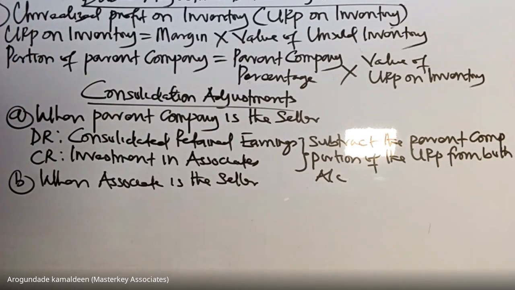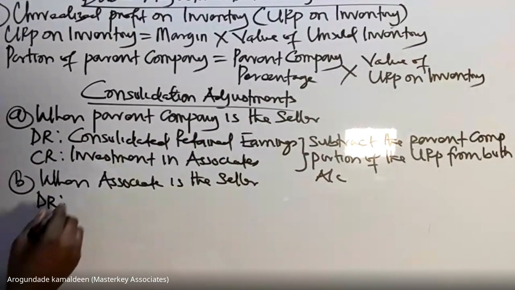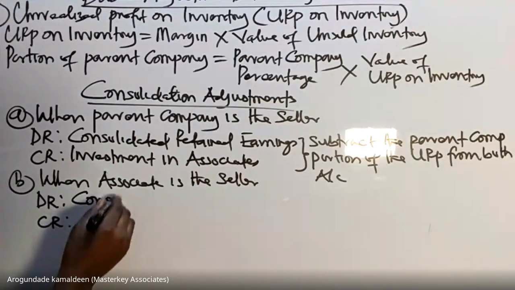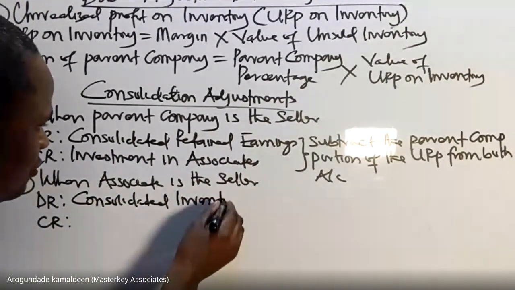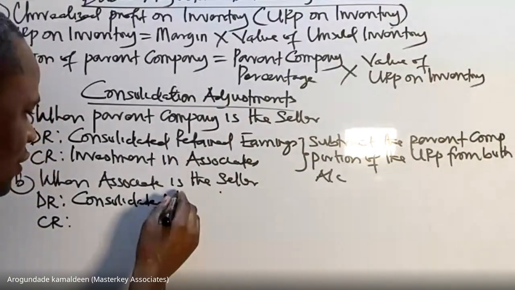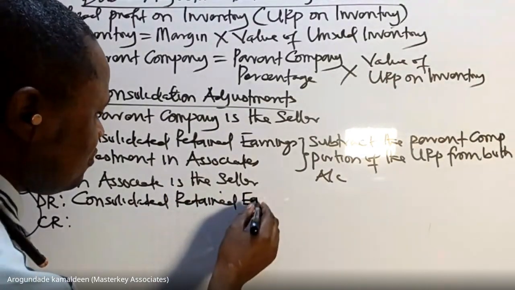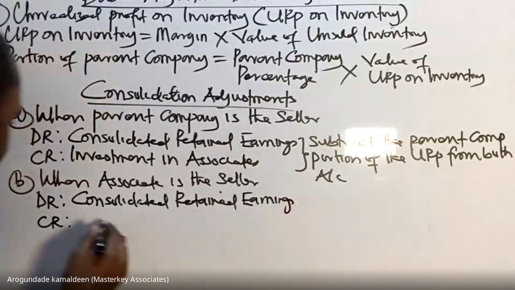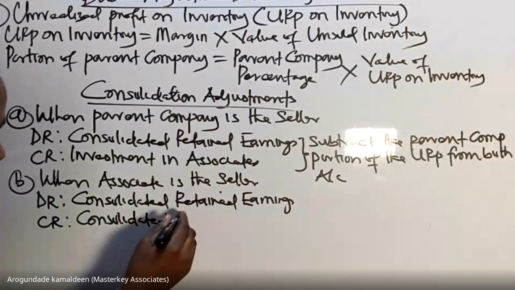So now we are going to debit retained earnings and credit the consolidated inventories.